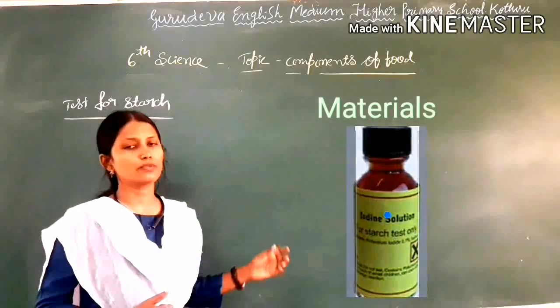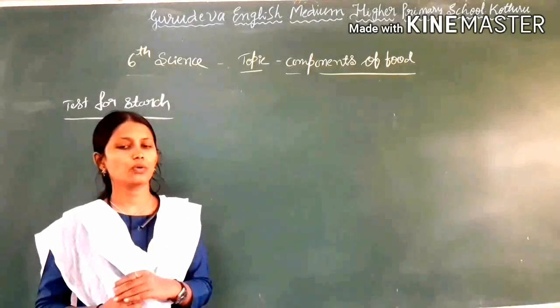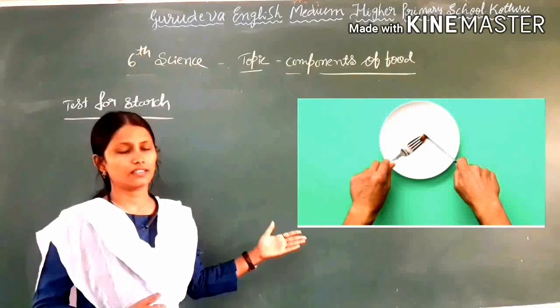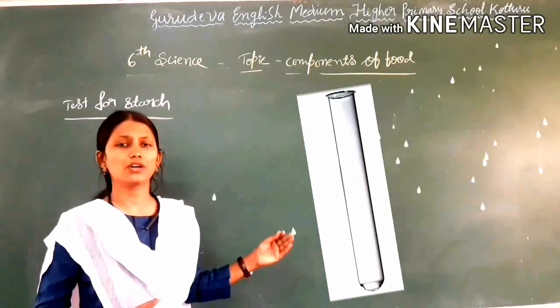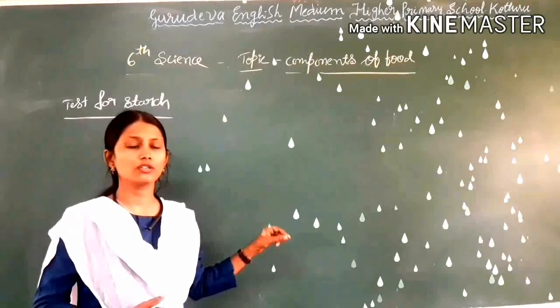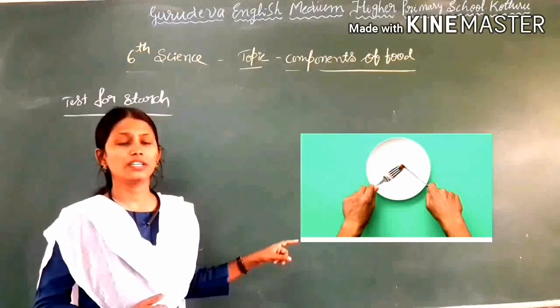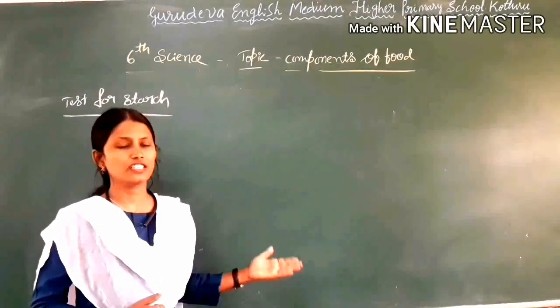Next, what is your observation? Take a small quantity of the food item or raw material in a test tube. Then add 2 or 3 drops of the iodine solution to the food material. Later observe whether there is any change in the color.